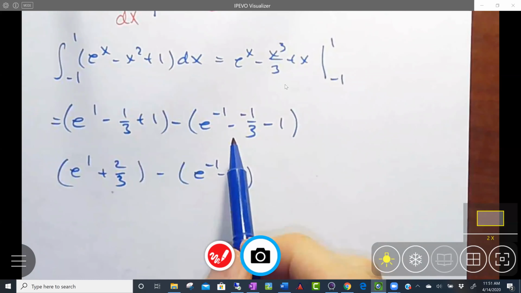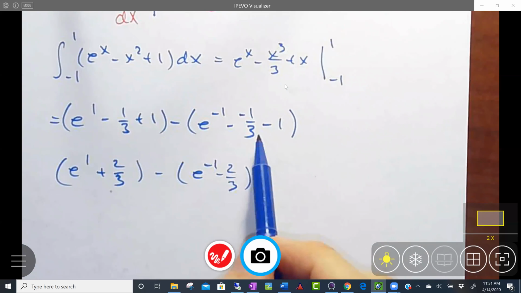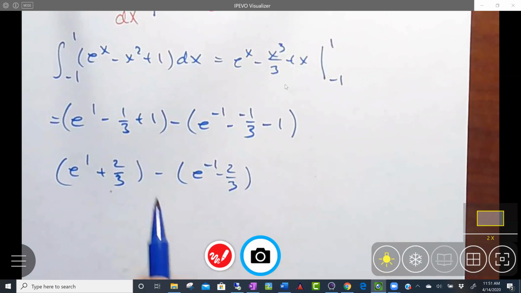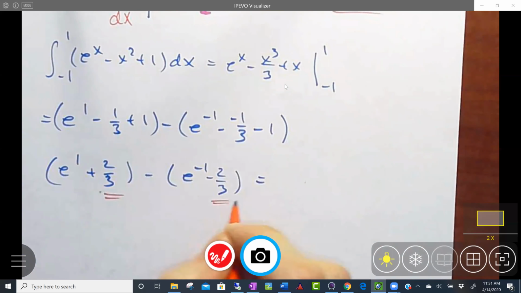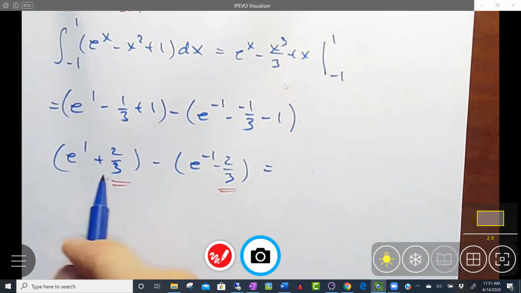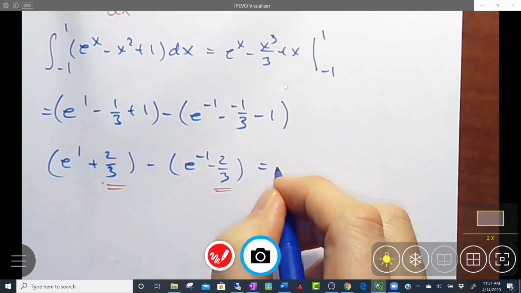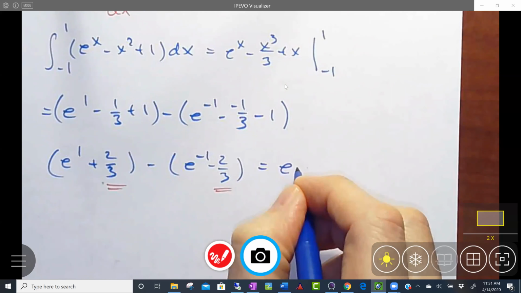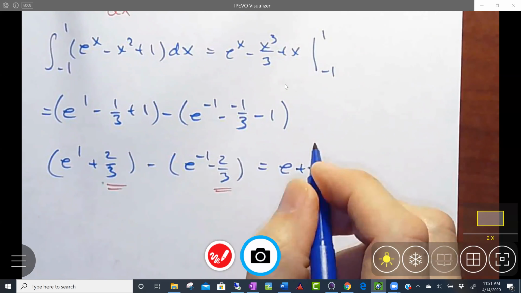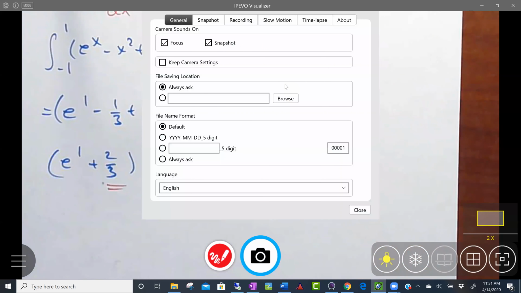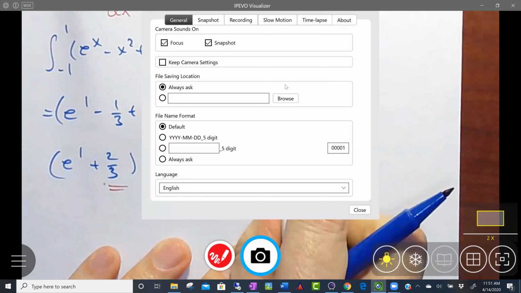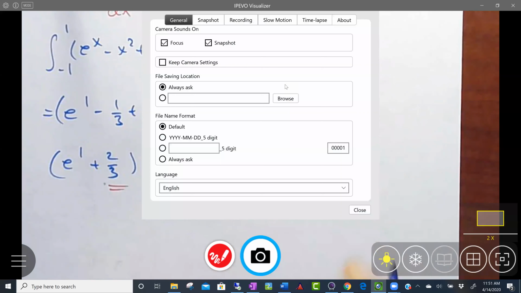Let's just double check here. When we combine like terms, the only like terms that I can combine are these right here, a positive 2/3 and a positive 2/3. So that's going to be 4/3. I'll end up with e plus, no, not plus. The negative, one step above, you have +1 minus a -1. Shouldn't there be a +2 down on the bottom somewhere? You have e to the 1 minus 1/3 plus 1 minus e to the -1 minus a -1/3 minus 1.